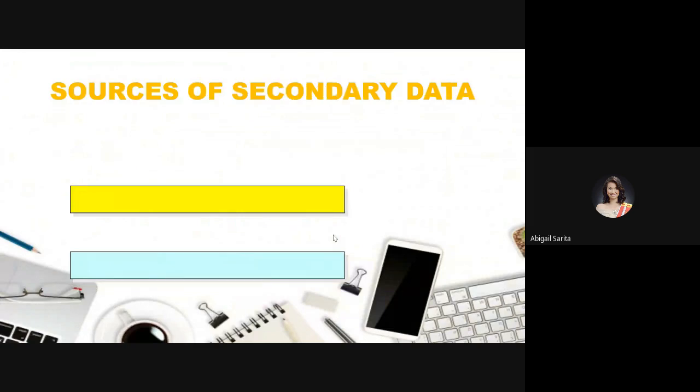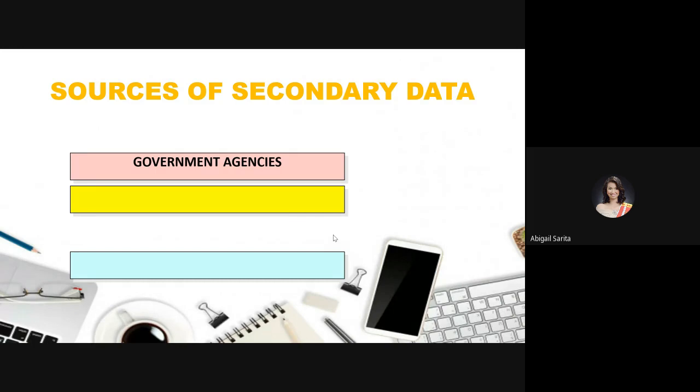Next naman, class, is sources of secondary data. So class, when we say secondary data, katulad ng sinabi natin kanina, ito yung mga informations na existing na or meron ng unang researchers na naka-acquire or nakapag-aral. Kukunin mo na lang, pagsasama-samahin mo na lang siya. So una, government agencies.